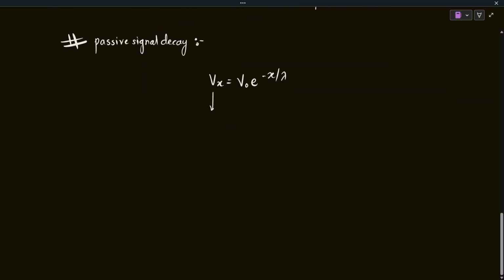Let me write it here. What are the meanings of those symbols? Vx is the membrane potential at distance x from the origin site.